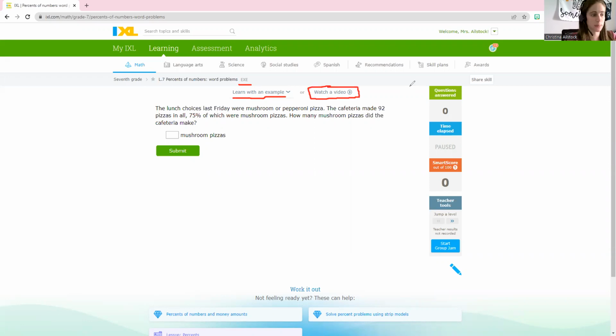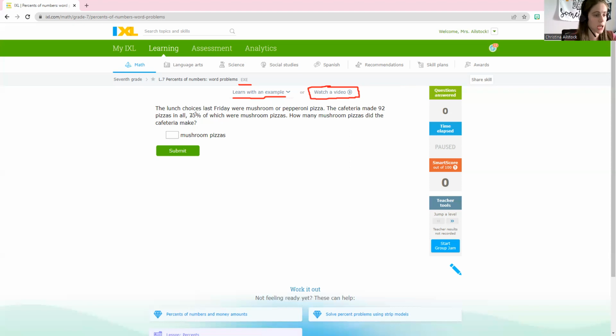So for our first problem here, it says the lunch choices last Friday were mushroom or pepperoni pizza. The cafeteria made 92 pizzas in all, 75% of which were mushroom pizzas. How many mushroom pizzas did the cafeteria make?